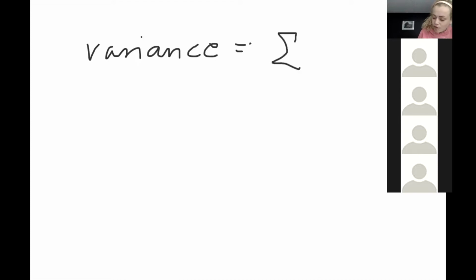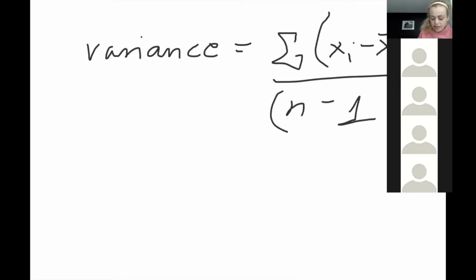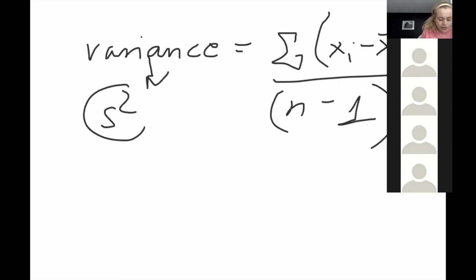And then you should get that the standard deviation will be, or first you calculate the variance. If you sum all the squared deviations about the mean, the variance will be the sum of all the squared deviations about the mean divided by n minus 1. So this will be the sample variance, S2.